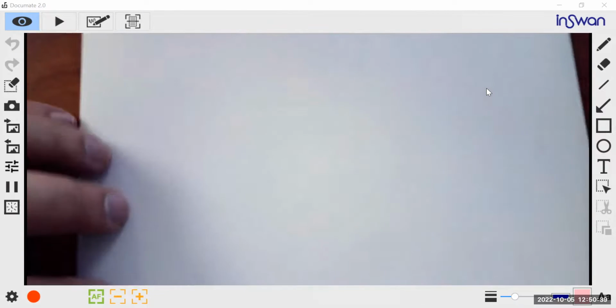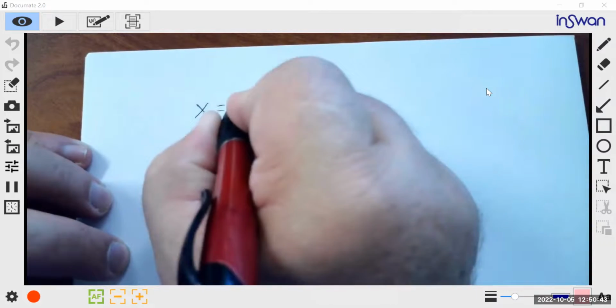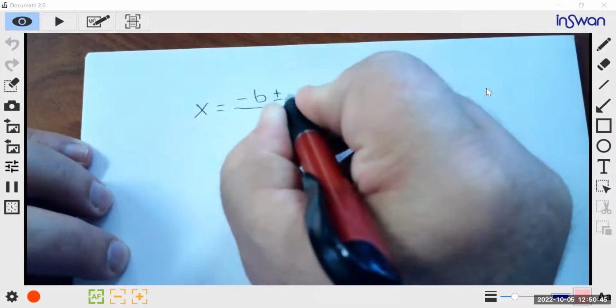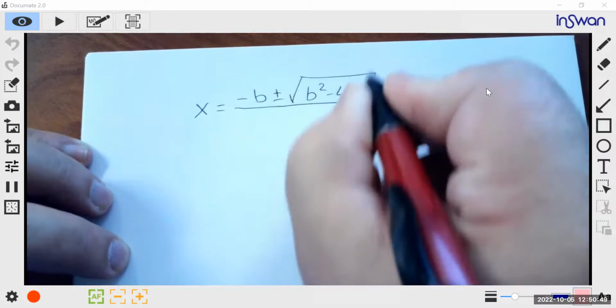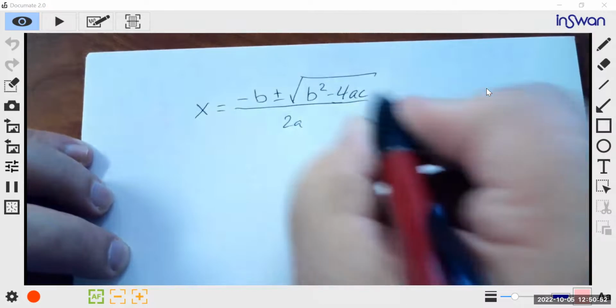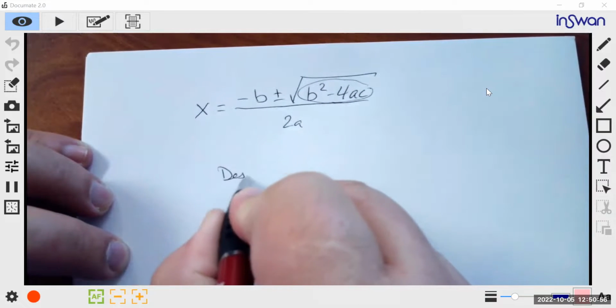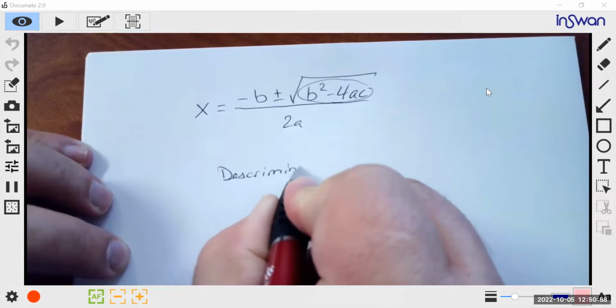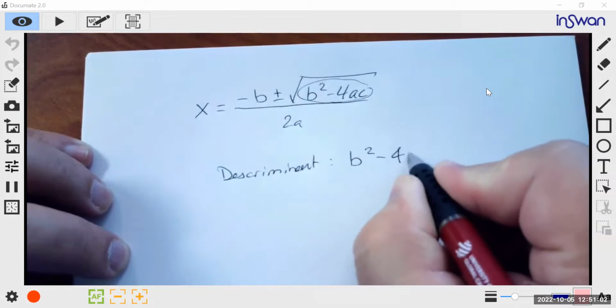For review, remember your quadratic equation is this. The discriminant is b squared minus 4ac.